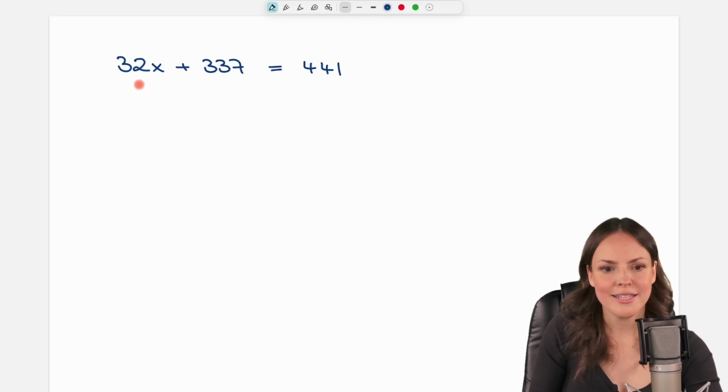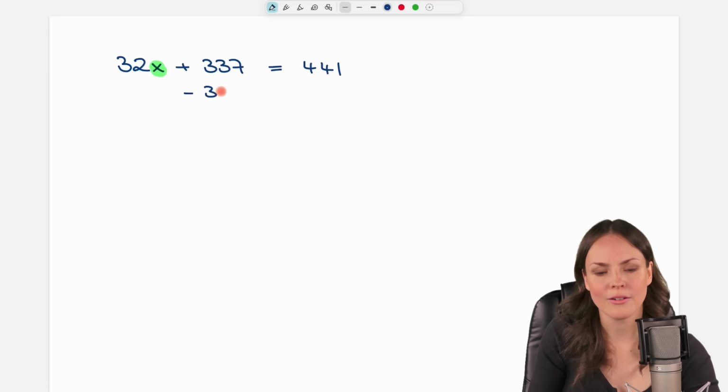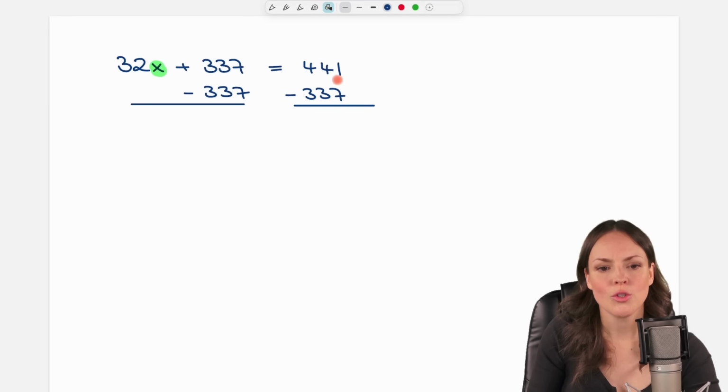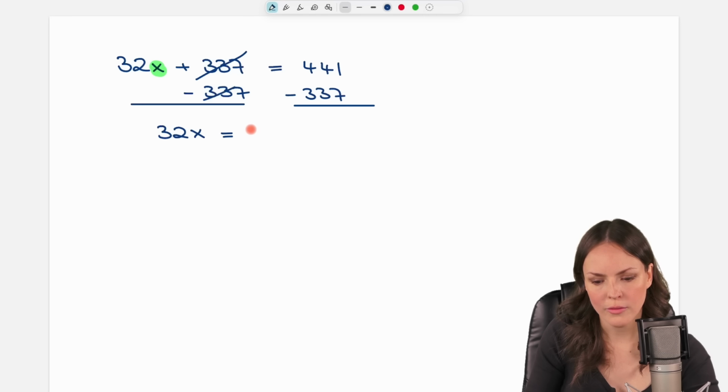Okay, let's still solve for x by subtracting the 337 on both sides of the equation, so that here we only have the 32x, this cancels out, and here we get a result of 104.